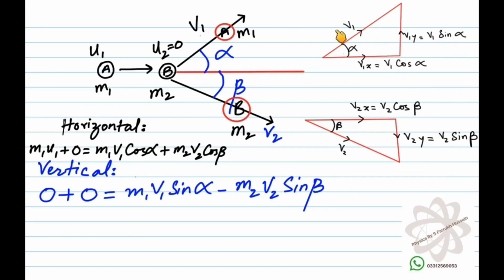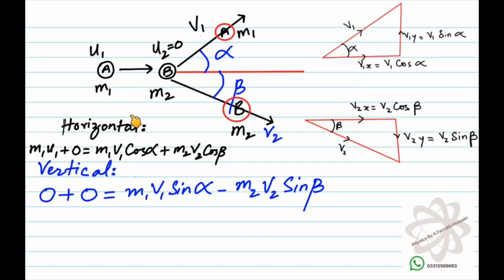So object A is moving horizontally with velocity v1 cos alpha. Similarly, object B is moving with velocity v2 cos beta horizontally. So after collision, the momentum of object A will be m1 v1 cos alpha. Similarly, momentum of object B will be m2 v2 cos beta. We have added the two because the two objects are moving in the same direction. That's why the momentums will be added.